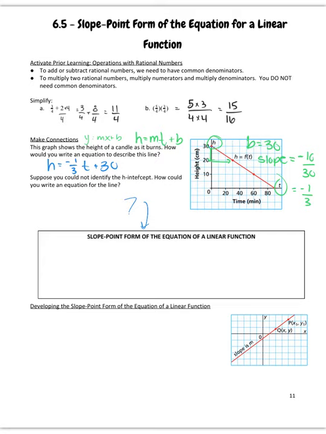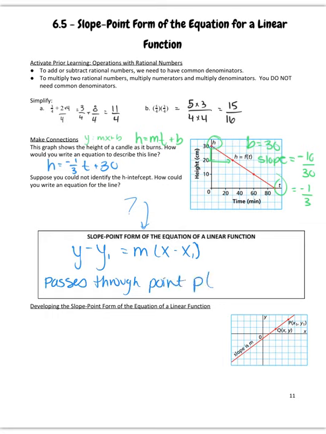So the equation for slope point form is y minus y1 is equal to m times x minus x1, where it passes through point P, which has coordinates of x1, y1.